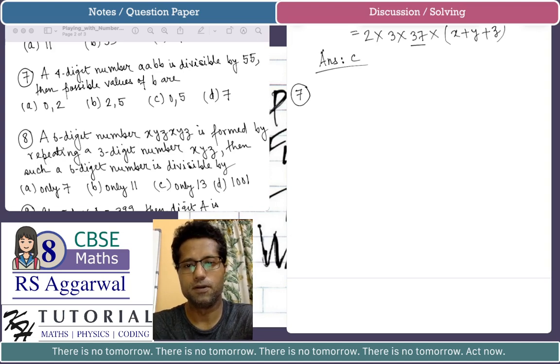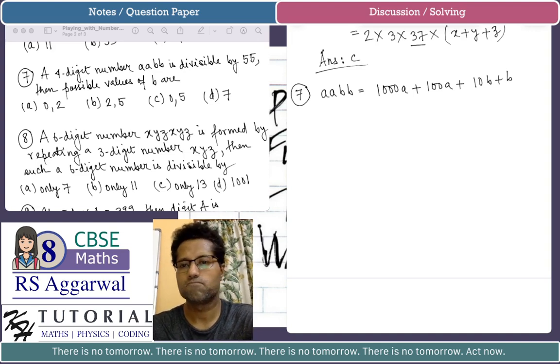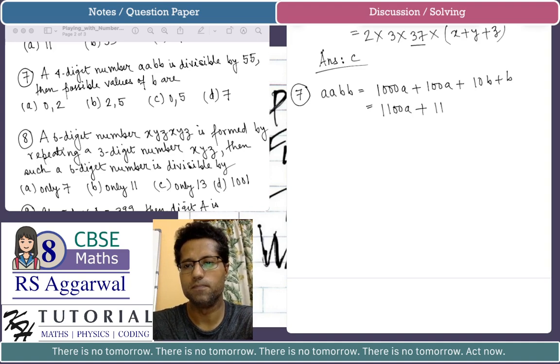So a 4-digit number is given as AABB. Its general form is 1000A plus 100A plus 10B plus B. This is equal to 1100A plus 110B.